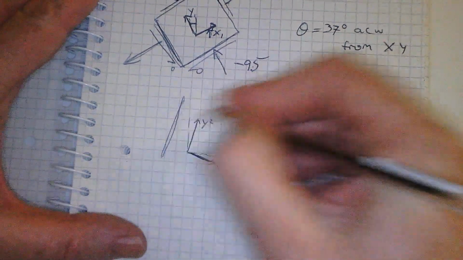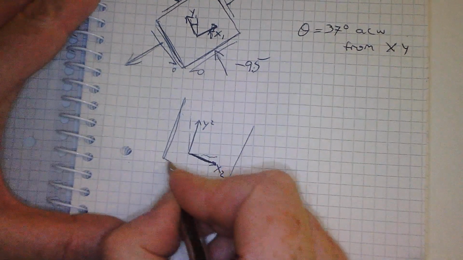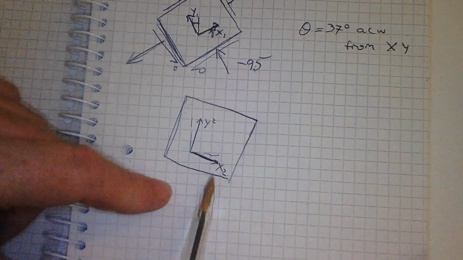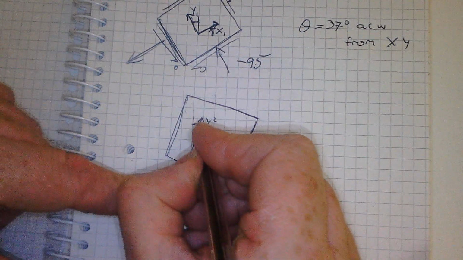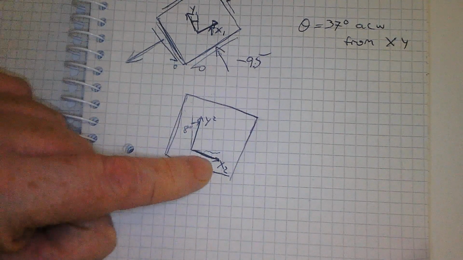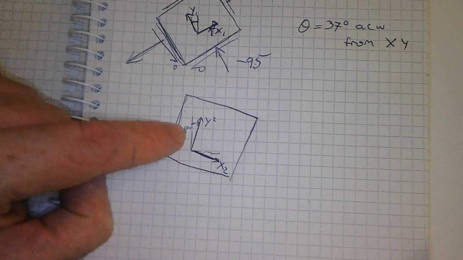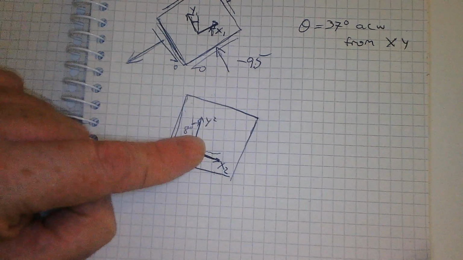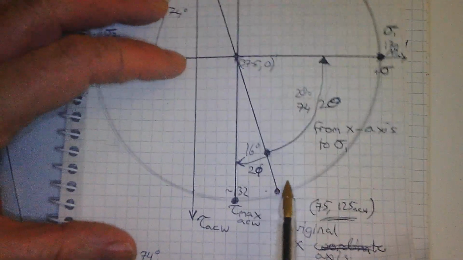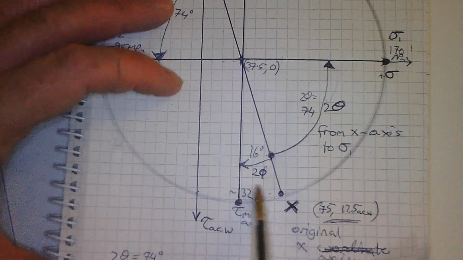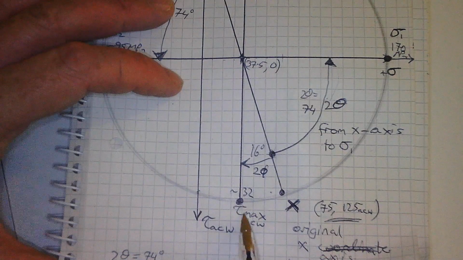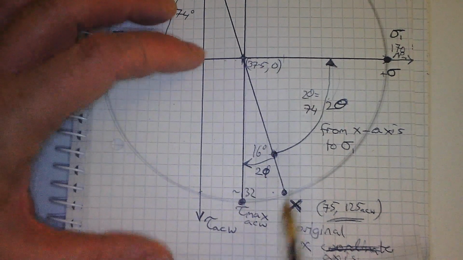It's a little bit exaggerated here, that's a bit more than 8 degrees, but let's just say, to make it more visible, in this orientation, 8 degrees clockwise from our original X, we have a new X, and 8 degrees clockwise from our original Y, we have this new Y axis. So 8 degrees clockwise from our original X, we have 132 megapascals of anti-clockwise shear.